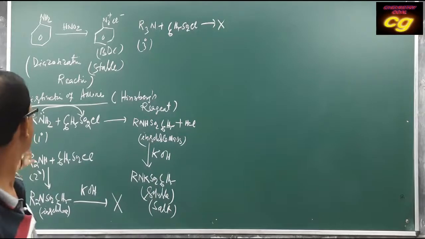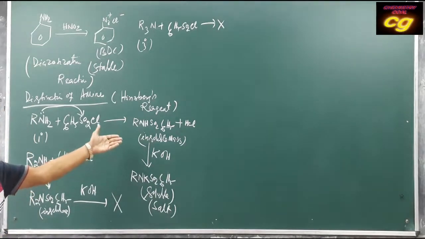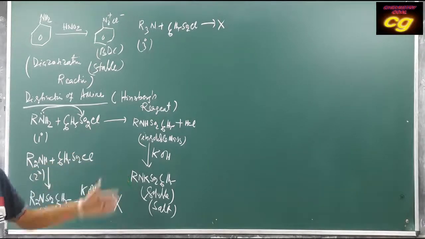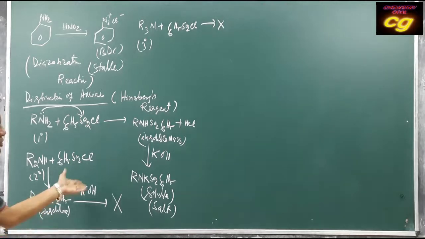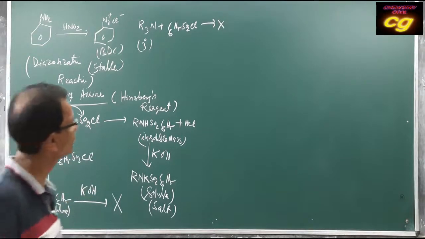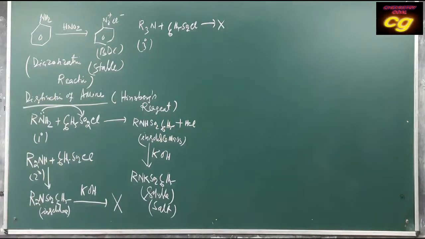But primary and secondary amines give the reaction. With the first, the insoluble mass produced dissolves in KOH, but with the secondary amine, the insoluble mass is insoluble in KOH. This is the difference between primary and secondary amines using Hinsberg reagent.